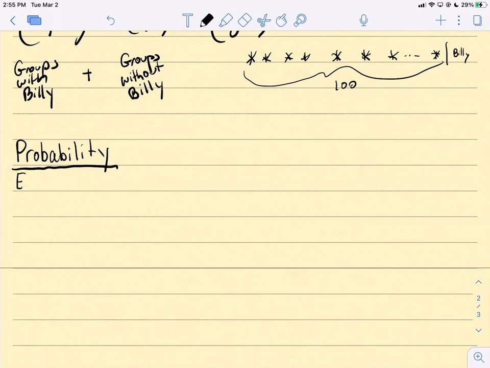So here's an example. Billy rolls a fair 6-sided die.